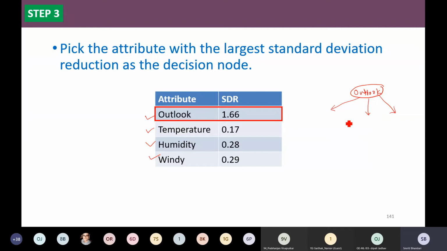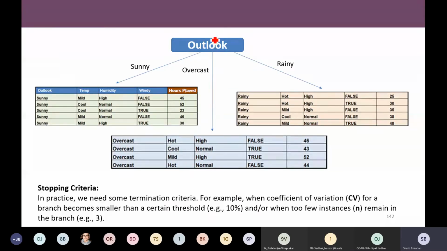Fine. So now we have found our root node, and we are going to repeat our algorithm in a similar way. What do we mean by that? See here, outlook is now our root node, with 3 branches for the 3 values of outlook: sunny, overcast and rainy.